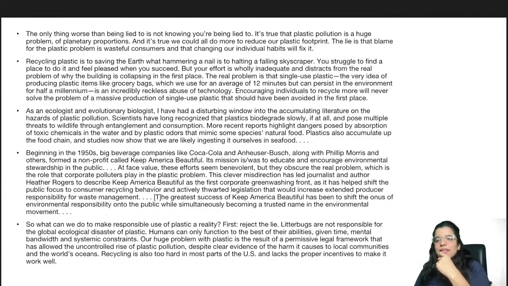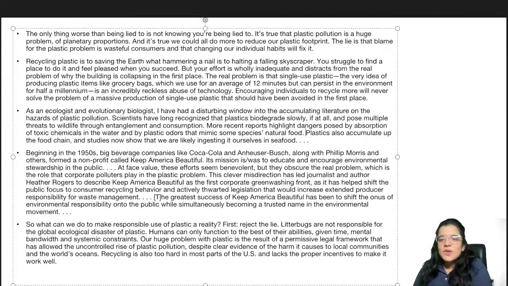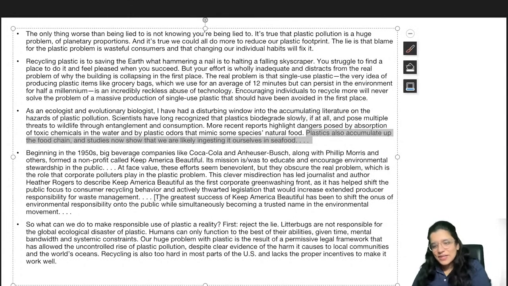Any idea? It's given to you in the third paragraph, last line. It says plastics also accumulate up the food chain, and studies now show that we are likely ingesting it ourselves in seafood. Absolutely, yes, Kushagra, correct.